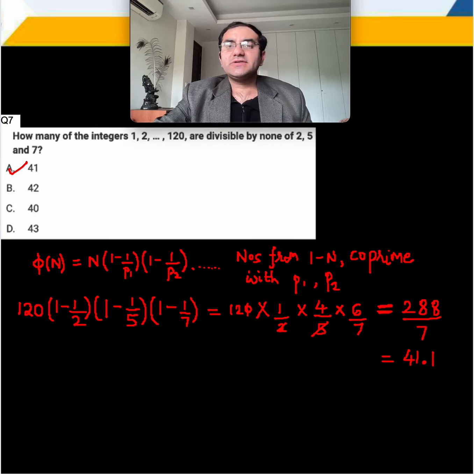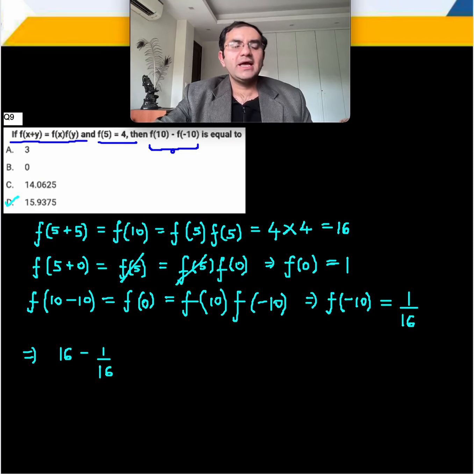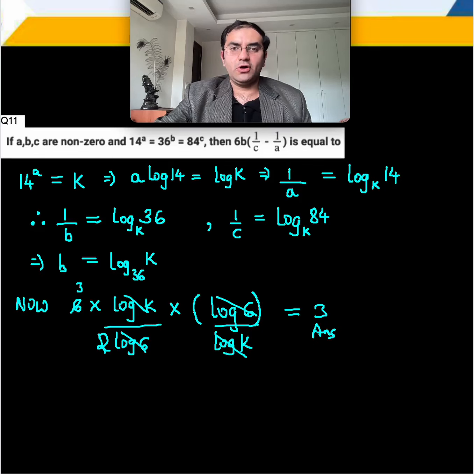Seventh was a fancy concept of numbers. Eighth was basic percentages and equation formation. Ninth was a standard question from functions but was a little out of range for many people. 10th was basic properties of log. 11th was a little complex by applying log and then solving it, and slightly lengthy as well.